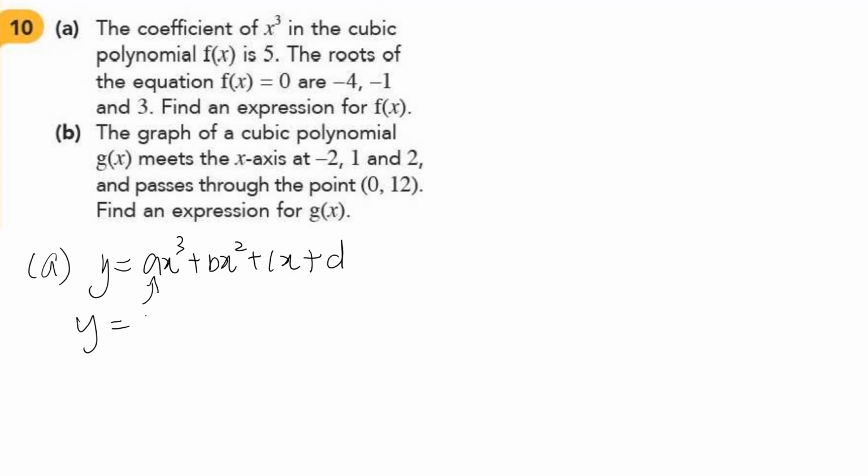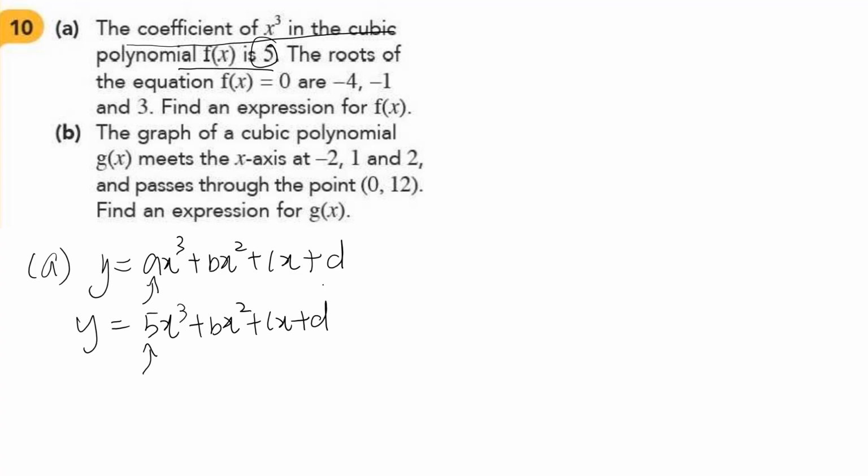So y equals 5x cubed plus bx squared. So far, this is what we know. But we are not going to solve for b, c, and d, right? No way. I'm just using this to explain what it means by the coefficient of x cubed in the cubic polynomial is 5. Okay, it means this one. All right.